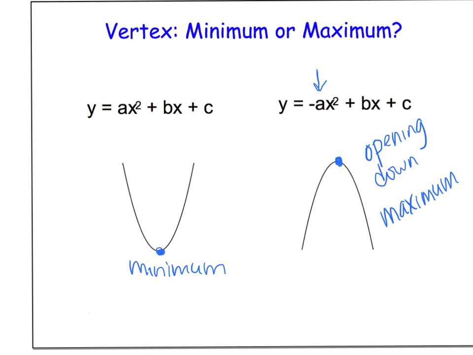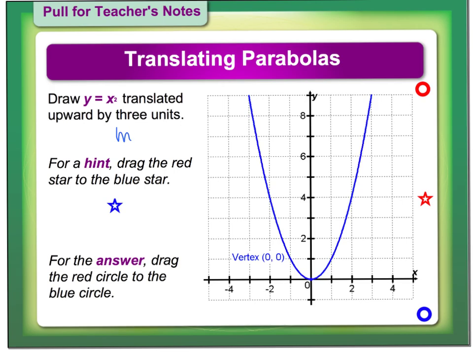So hopefully up to this point you've done some exploration with quadratics and how they behave based on their equation. And so we're going to start translating, or moving, our parabolas. It just means moving them around the coordinate plane according to whatever the directions are. This one says that we're supposed to translate our parabola up 3 units. What that means is our entire parabola is shifted up 3.